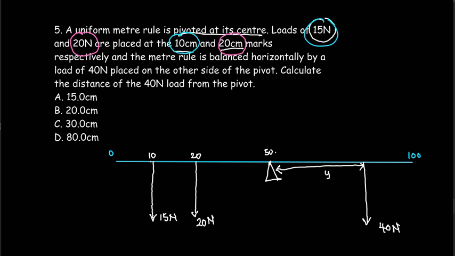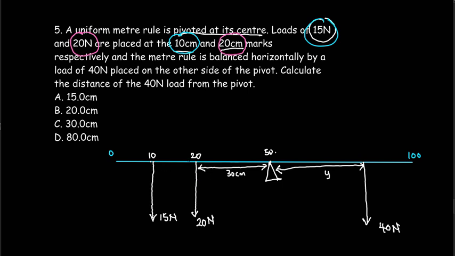So the distance of the 20 Newton force from the pivot is what? 50 minus 20 is 30. So the distance is 30 cm for the 20 Newton force. For the 15 Newton, it is what? 50 minus 10, which is 40.